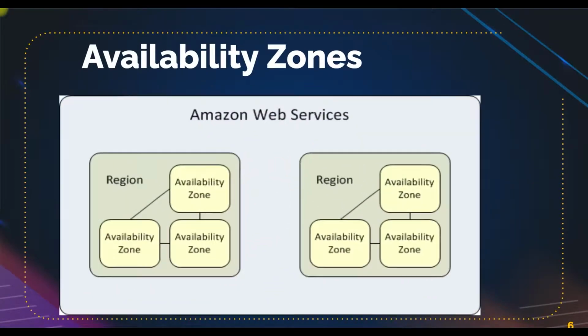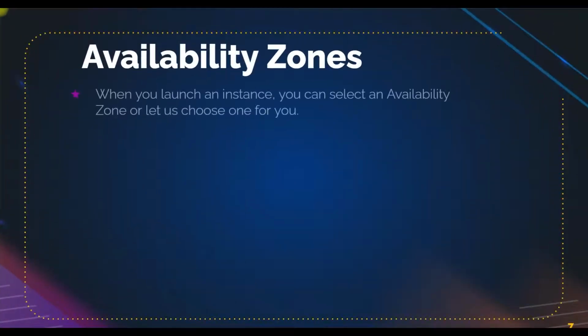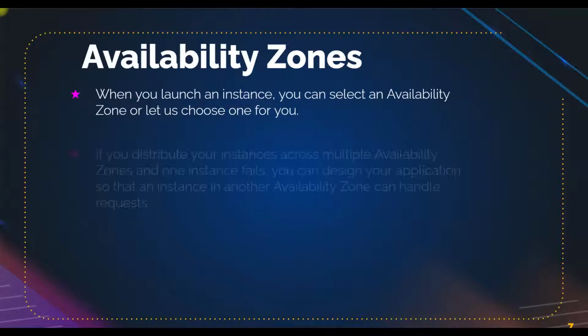So availability zone, as I said, you can have multiple availability zones and distribute your infrastructure among them in a region to get high availability. For example, if you're launching a virtual machine, which we call an instance in AWS, you can select the availability zone, or you can let AWS decide it for you.